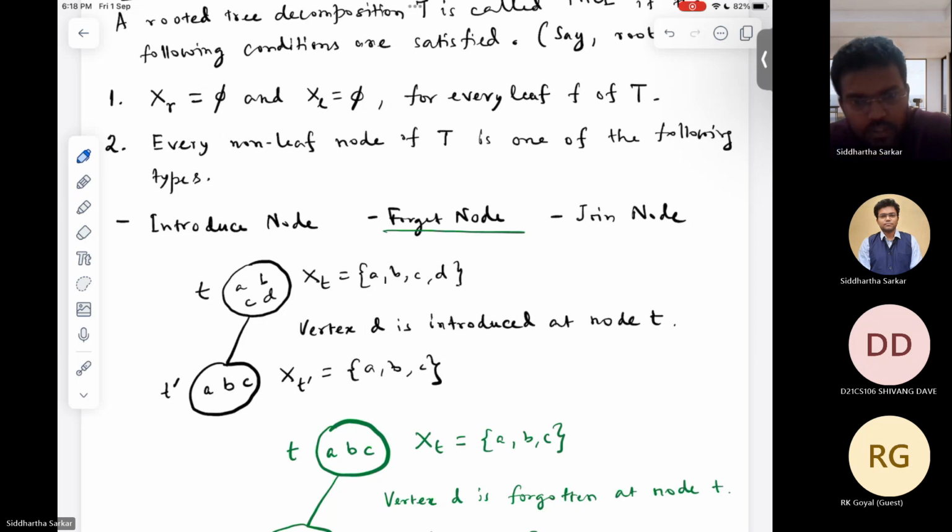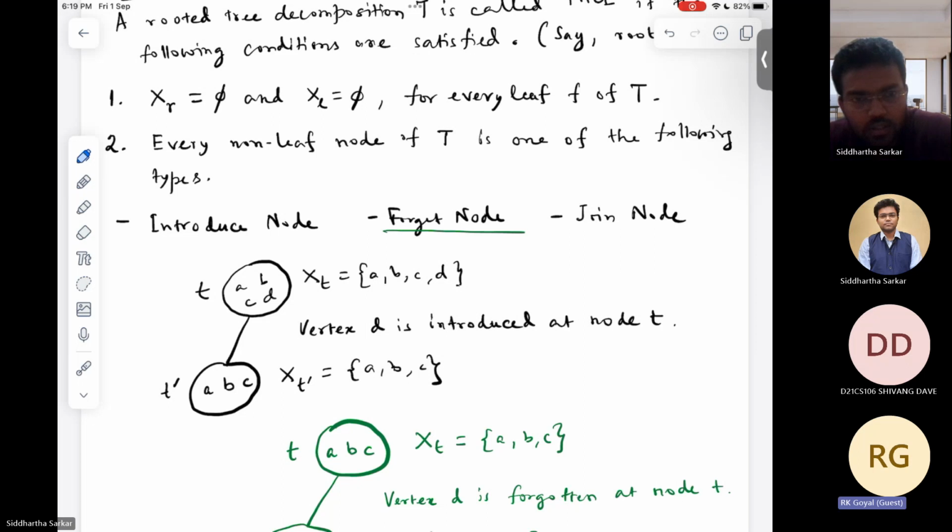Yes, it can appear somewhere else in the tree as well. Whenever it is getting introduced, you say that this is an introduce node. And can this node T have more than one child? No. The definition is that exactly one child should be there.